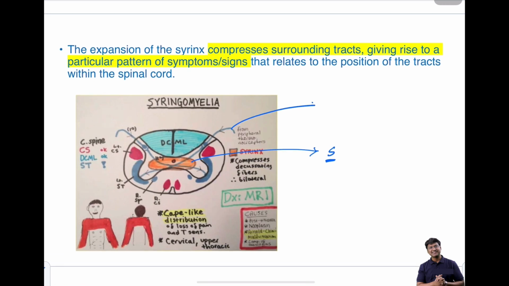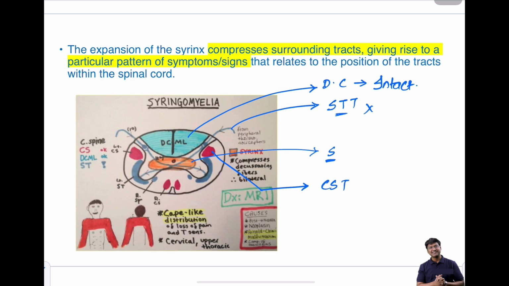So these are your spinothalamic tracts. So it compresses the spinothalamic tract, but the dorsal columns will be intact, and even your corticospinal tract also will get compressed.